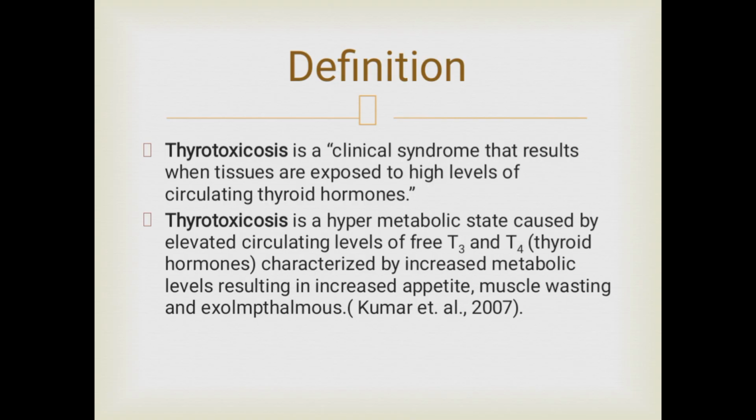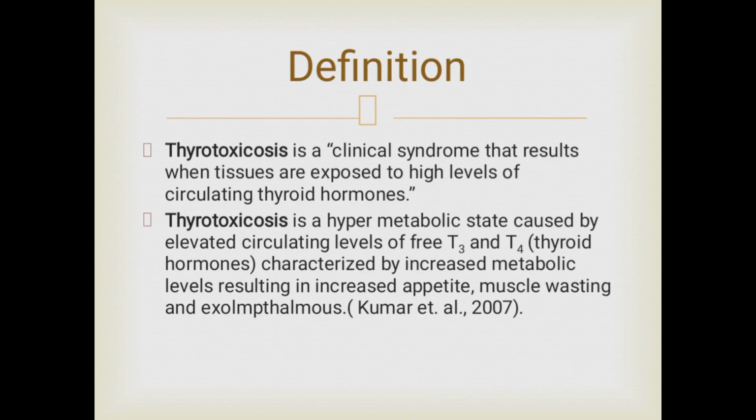So that is the definition, or in other terms, you can define it as: thyrotoxicosis is a hypermetabolic state caused by elevated circulating levels of free T3 and T4 hormones, characterized by increased metabolic levels resulting in increased appetite, muscle wasting, and exophthalmos. This second definition gives you all the 5 marks.